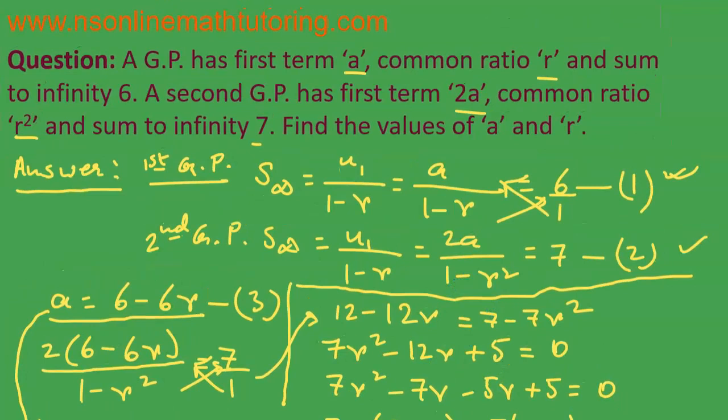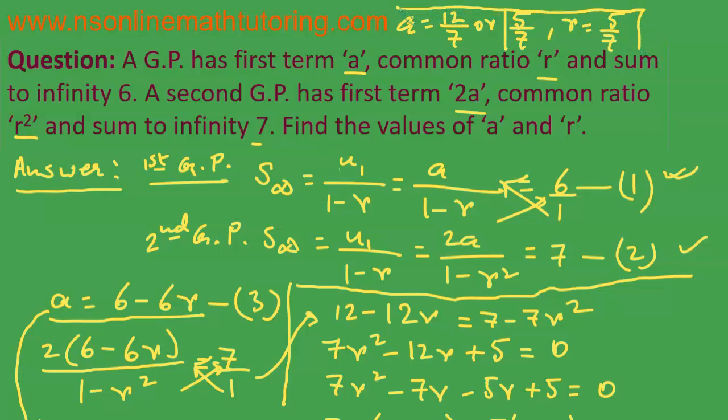So A is equal to 12 over 7 or 1 and 5 over 7, and R is equal to 5 over 7. Okay, so this is our answer for this question.